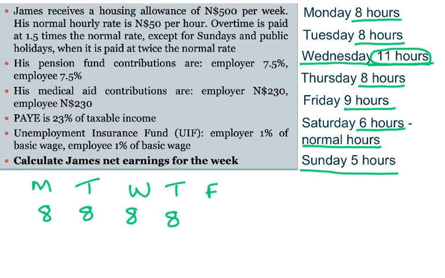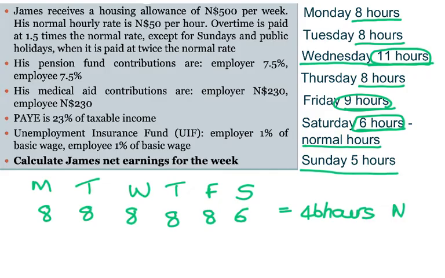On Friday, we had 9 hours, but remember, only 8 hours can be normal hours, so I will put down 8 hours for Friday. And then on Saturday, they told us that these 6 hours are normal hours, so I have another 6. If I add this up, you will get to 46 hours. So our normal hours are 46. I will just say NH, normal hours.